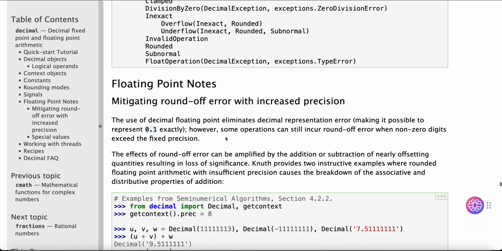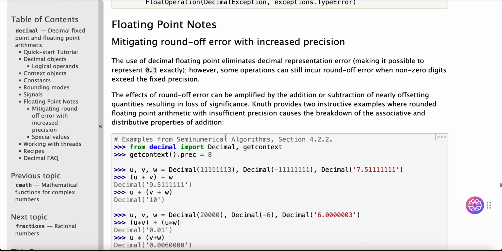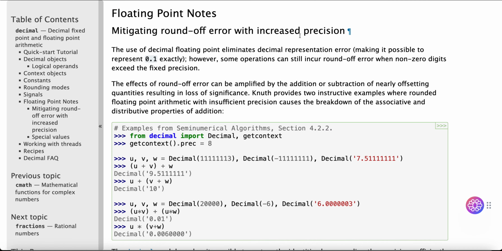Floating point notes. Mitigating round-off error with increased precision. The use of decimal floating point eliminates decimal representation error, making it possible to represent 0.1 exactly. However, some operations can still incur round-off error when non-zero digits exceed the fixed precision.